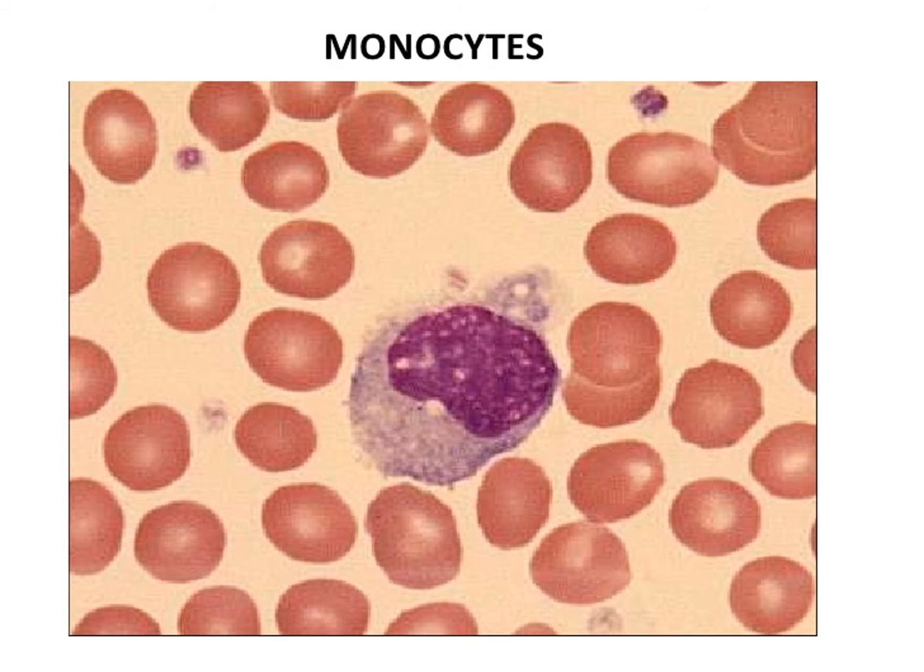The monocyte is the largest mature leukocyte in the peripheral blood. It measures around 12 to 20 micron in diameter. The nucleus is notched or indented, or you can call it horseshoe shaped or kidney shaped. The cytoplasm is abundant, pale blue in color.